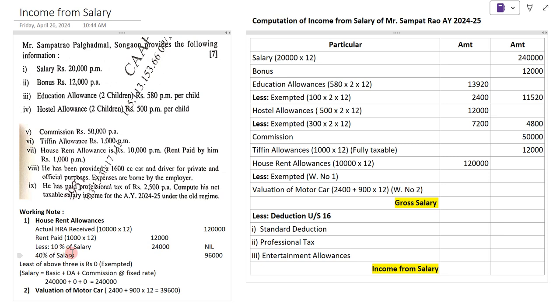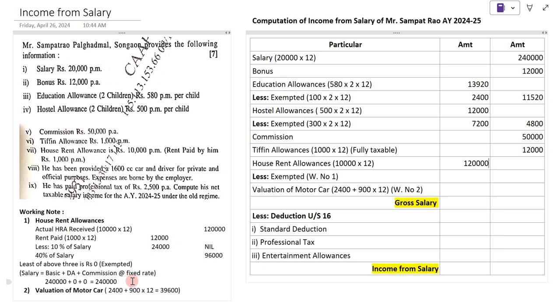Now for the purpose of this 10% of salary, we have to take the basic salary plus DA, that is dearness allowance, plus commission at fixed rate. So for this 10% of salary, basic salary is how much? 2,40,000 plus DA. Now there is no DA, 0, plus commission at fixed rate. Now see here, the commission is given in the amount of 50,000.